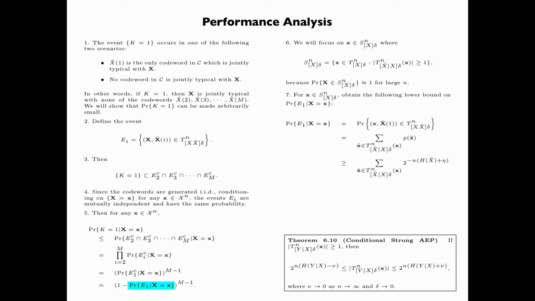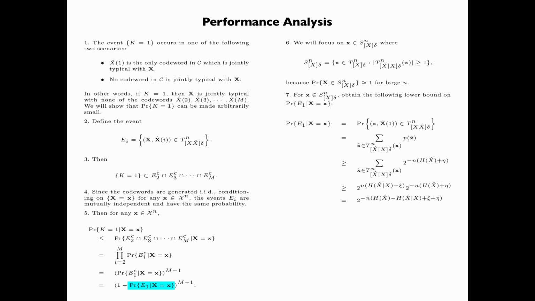Now by the conditional strong AEP, if the conditional typical set is non-empty, which is the case, then its size is lower bounded by 2 to the power n times entropy of x hat given x minus chi.